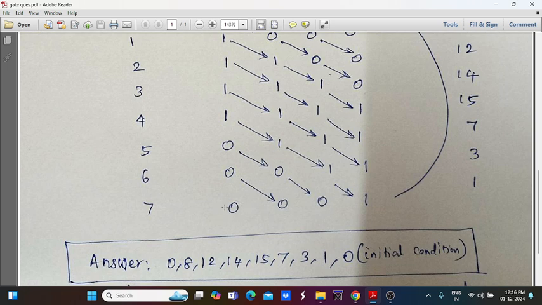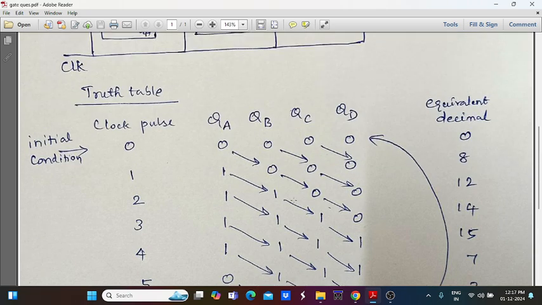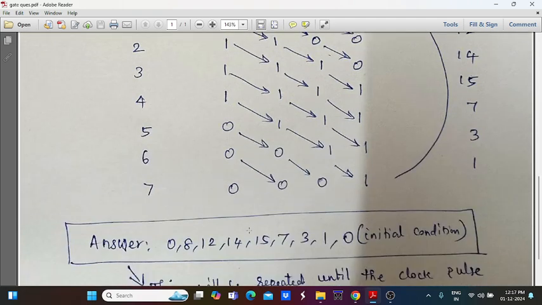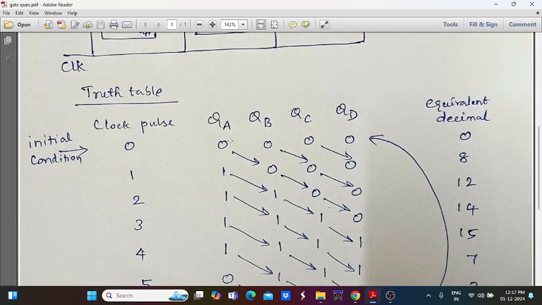Because of this QA equal to 0. Previous state QA value 0 shifted to QB, and again the previous state QB value shifted to QC 0, and this one again shifted to 1. Now what happened? You just see this 0 0 0 1. The state again, if you give the next clock pulse, it goes to the initial condition 0 0 0 0.